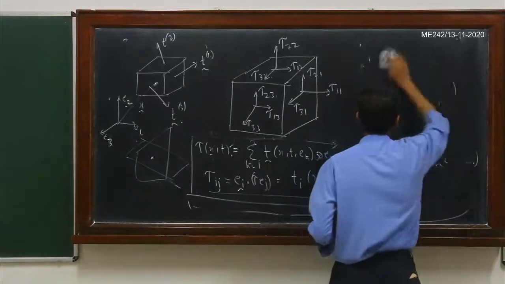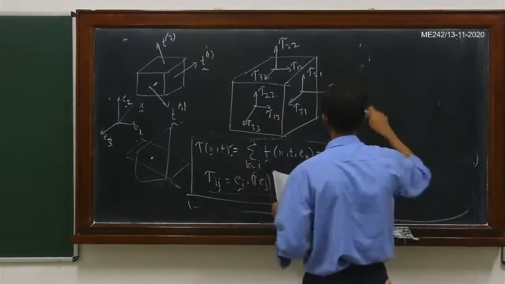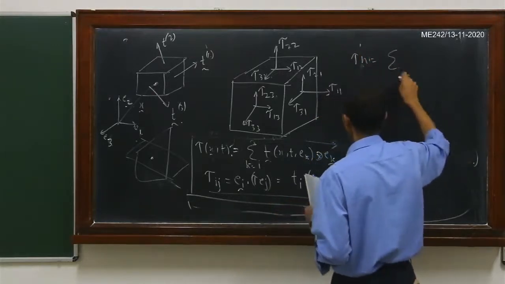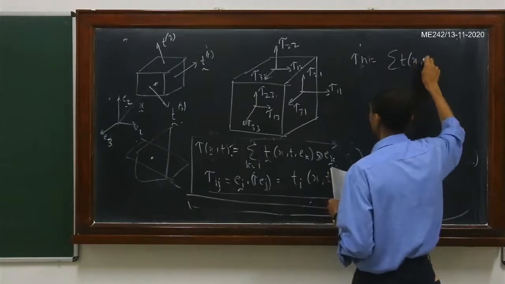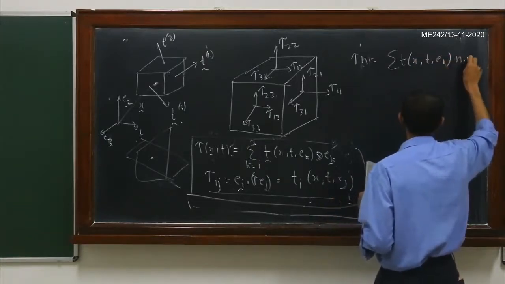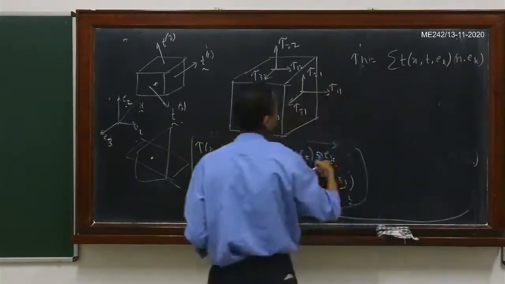So if I now multiply this tau by n, okay, so tau times n, now tau times n is the summation of t of x, t, e k times n dot e k, because that is just the usual definition of the dyadic product, right?